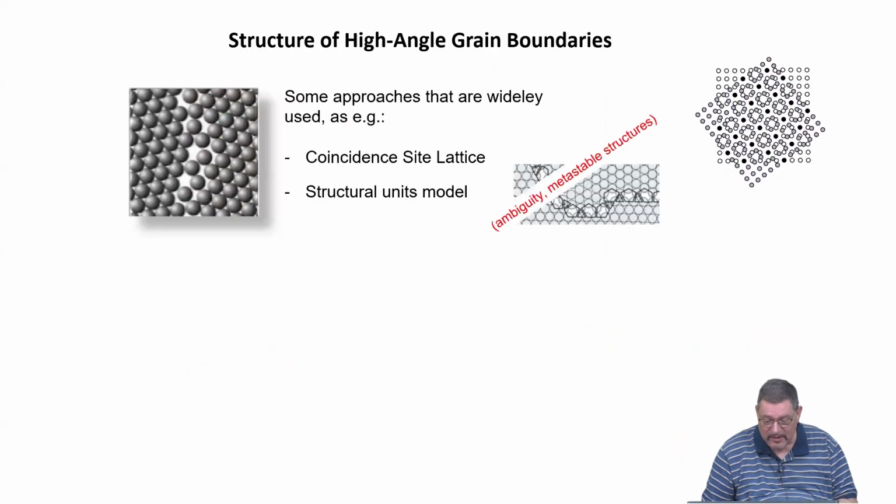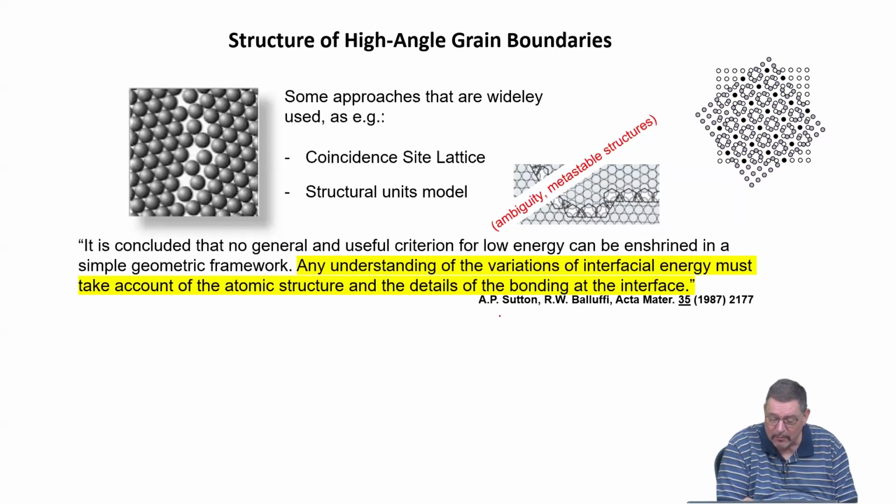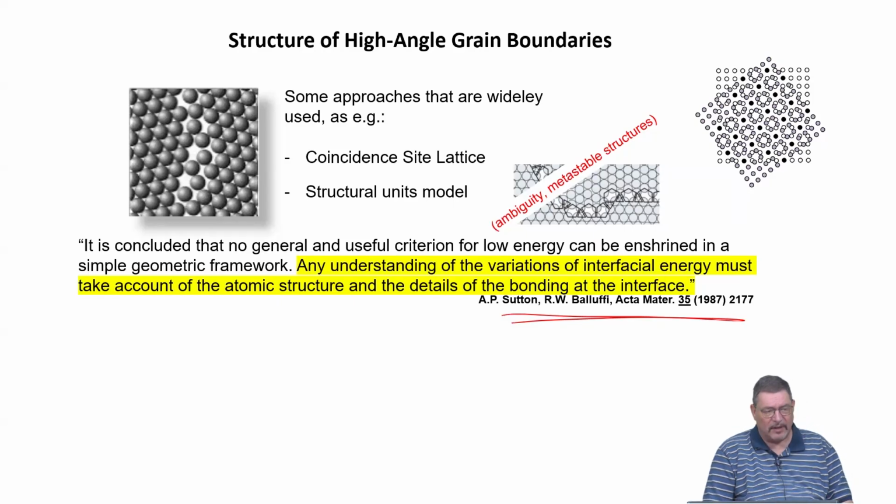So summarizing the structure of high-angle grain boundaries, there are several models. I think the coincidence site lattice model is not really complete in order to describe them. The structural units model, even though it has weaknesses, is normally sufficient to describe the general properties of, let's say, your ensemble of grain boundaries, but any understanding of specific grain boundary properties and features, I think, needs to take into account atomic structure, and I agree very much with what Sutton and Balluffi already wrote in 1987.